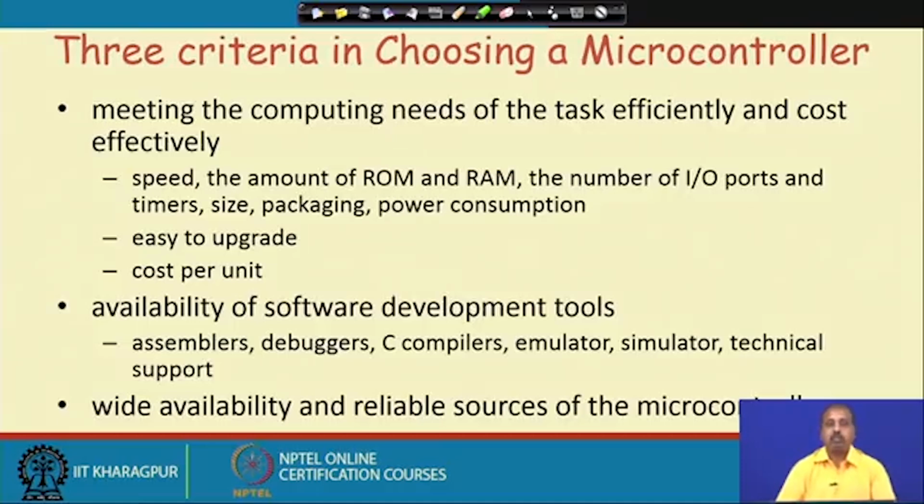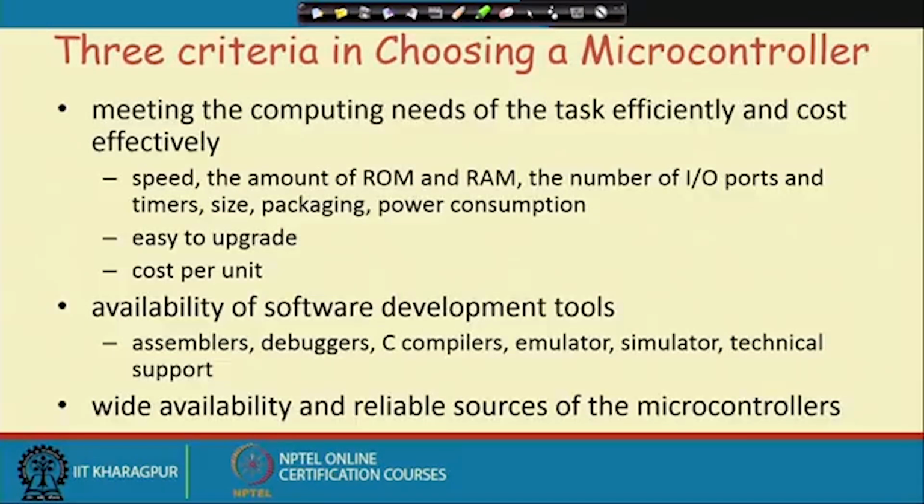Now, how do you choose a microcontroller? As I have said, there are several microcontrollers available in the market, and in fact for the 8051 there are also variants. We have the 8031, we have the 8052, and their capacities vary. The 8031 will not have any internal ROM, and the 8052 will have one more timer in it. That way the features will vary.